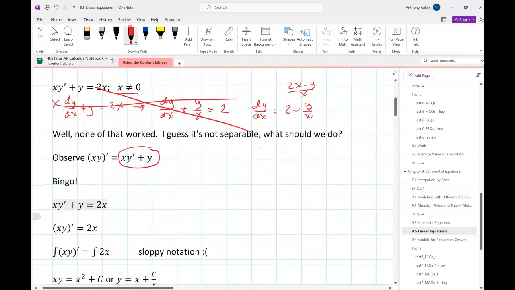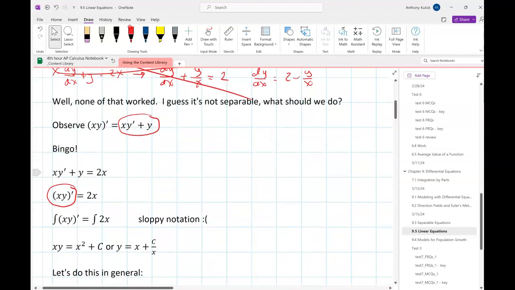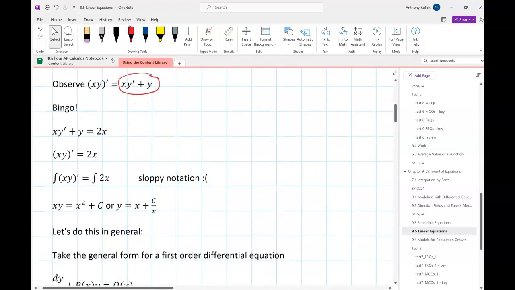So if I do that, I can rewrite the left-hand side as the derivative of xy. Now, when I integrate both sides, I have just an x on the right-hand side, and this integral is just going to cancel with the derivative, right? So I'm left with xy, and then the antiderivative of 2x is easy.